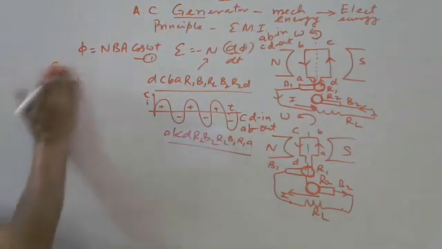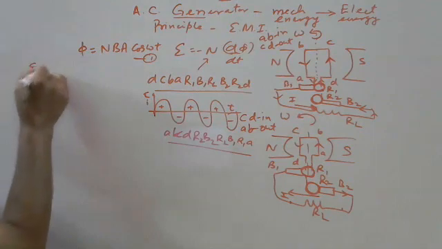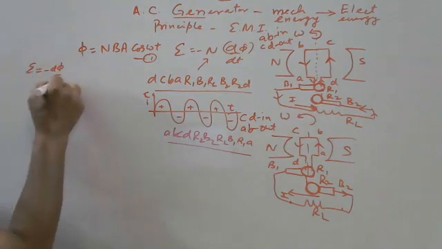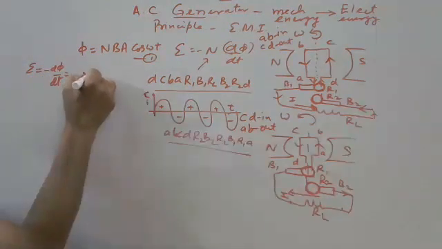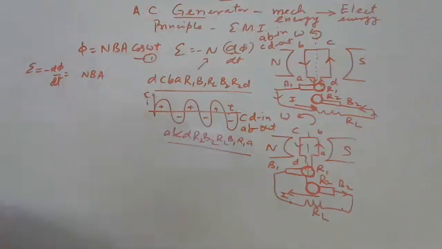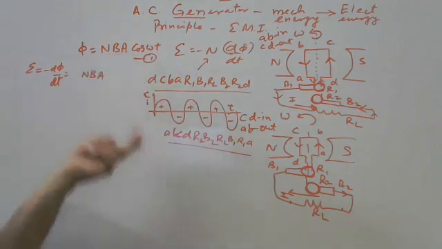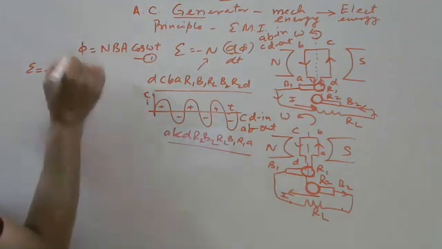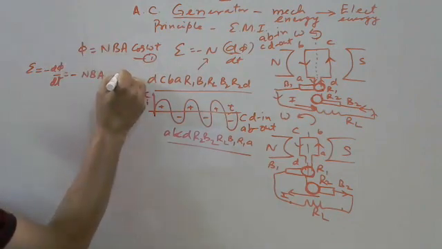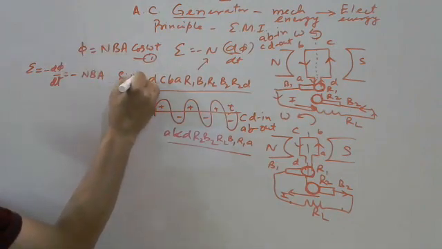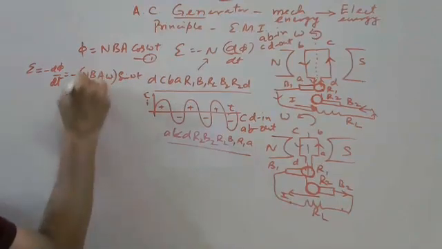Induced EMF can be written as minus d phi by dt, which means differentiation. So for NBA cos omega t, it is differentiation, not integration. Differentiation of cos omega t is sin omega t, multiplied with omega.